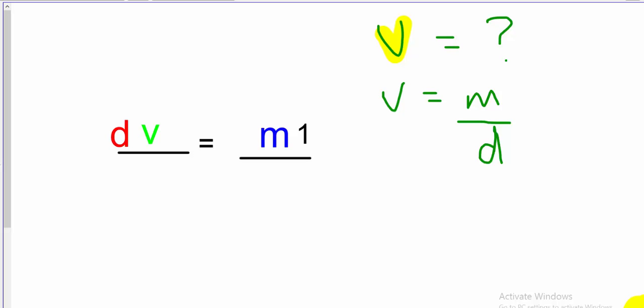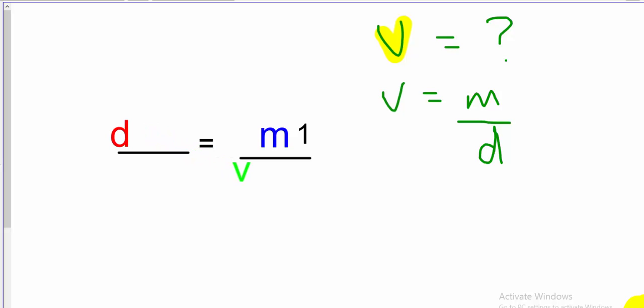So here, for example, if I want to get my original formula back and I want to get D on its own, my volume is attached to the D, it's being multiplied. I need to undo that by dividing both sides by V, or I can simply say, if it's in the numerator right now, it can go to the other side, but it needs to go back down to the denominator.